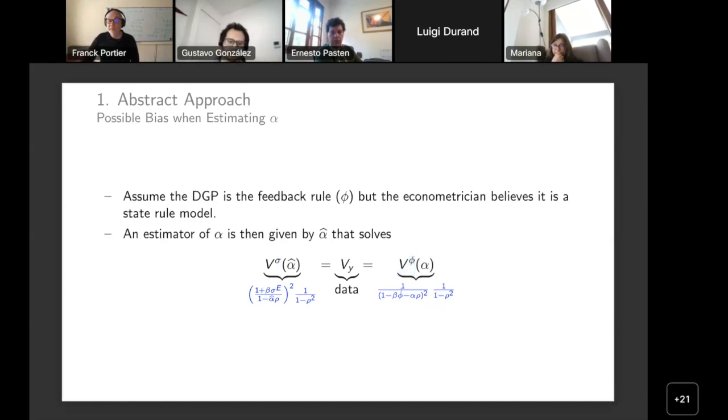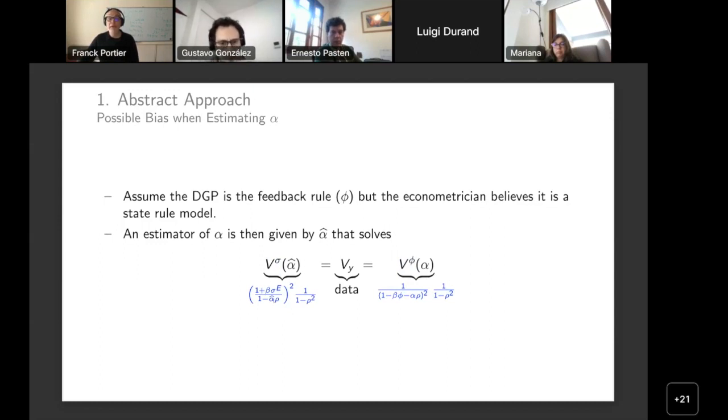So this is the truth, the true value of the variance of y. Now estimation is solving that this blue term is equal to this blue term, solving in alpha hat.